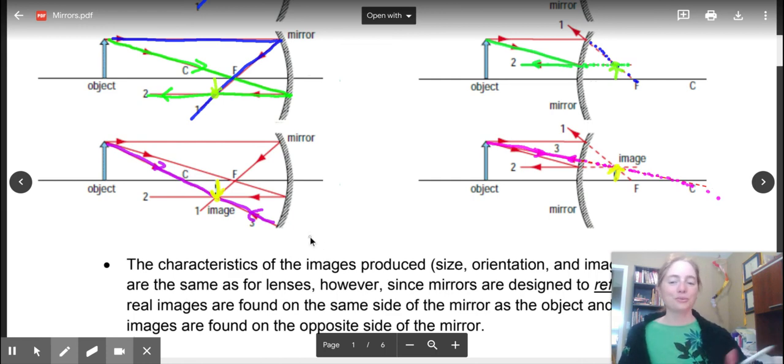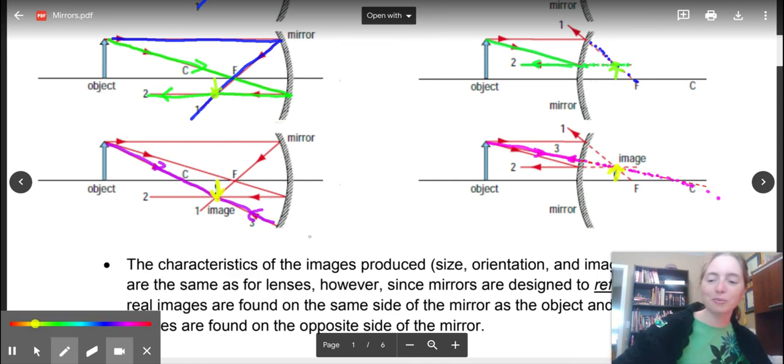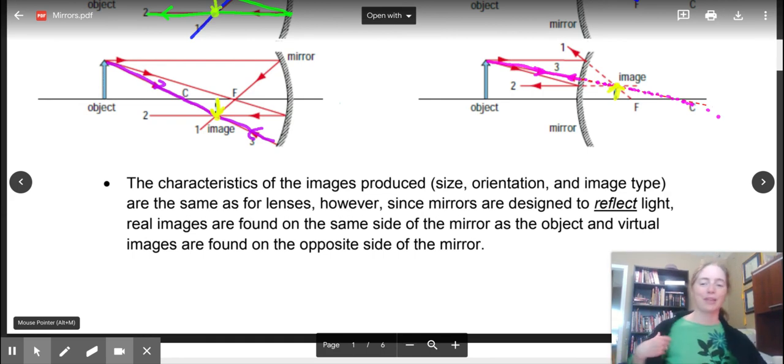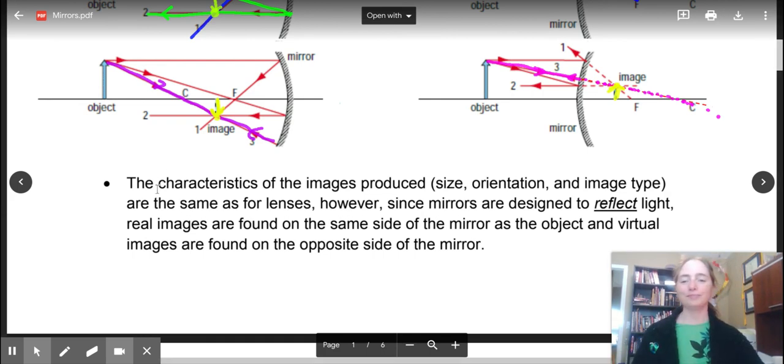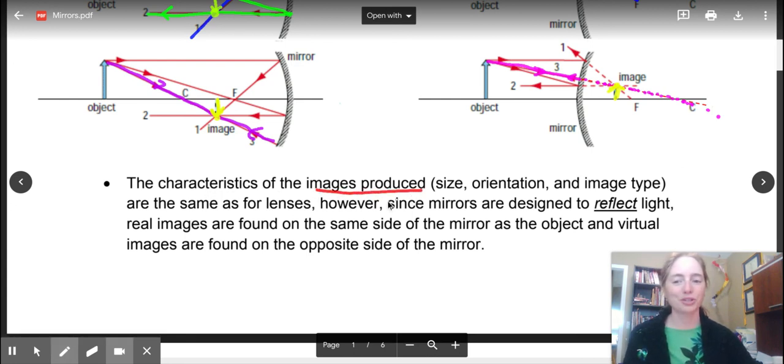Okay, so ladies and gentlemen, what is super cool about this is that those rules are going to work with any of our curved mirrors. And our characteristics of the images produced are going to be the same for lenses.